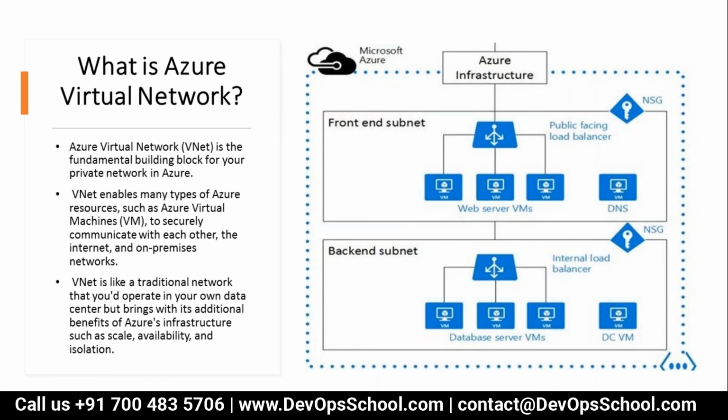Without the VNet, first thing, you are not able to create the VM itself. So basically, VNet is what? A virtual network in the cloud. See, what is a network? Tell me.